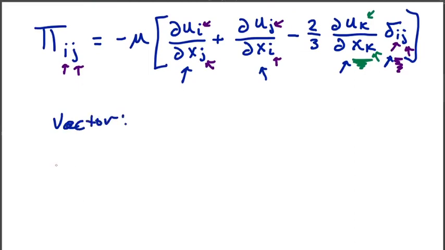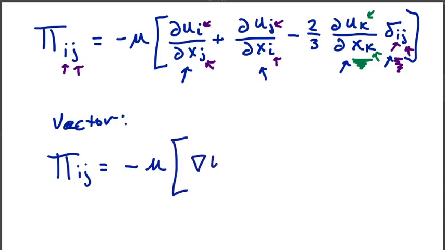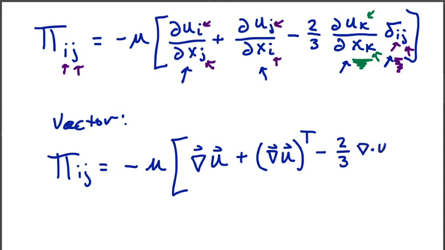So in vector notation, pi_ij is equal to minus mu times, our first term is the gradient of the vector u. Our second term is the gradient of the vector u, but that quantity transposed, turned on its side, and then minus 2/3 of the quantity divergence of u, the contraction of div u, times the identity tensor delta_ij.